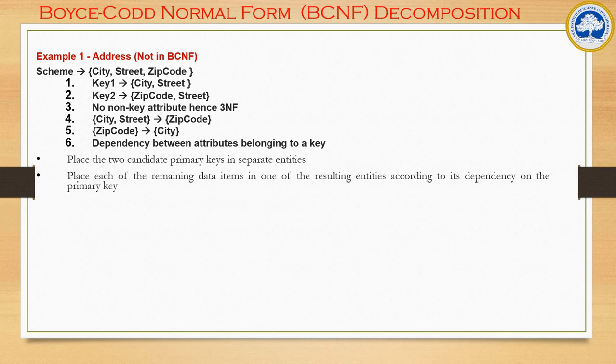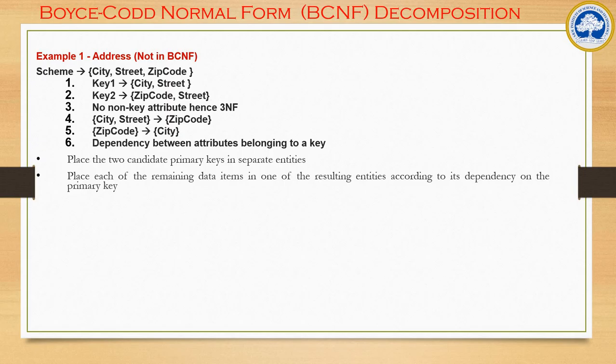If you look at the example, city, street and zip code, here two sets of keys are there. City and street is one key and the other key is zip code and street. So there is no non-key attribute here, hence it satisfies the 3NF. But zip code is dependent on city and street.